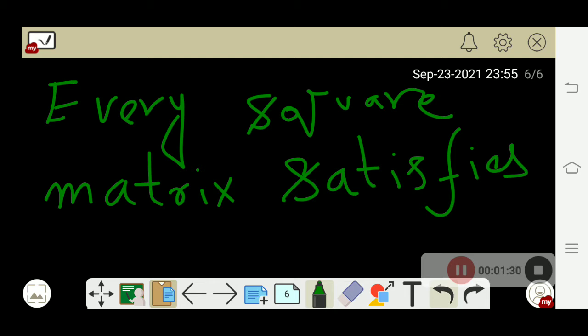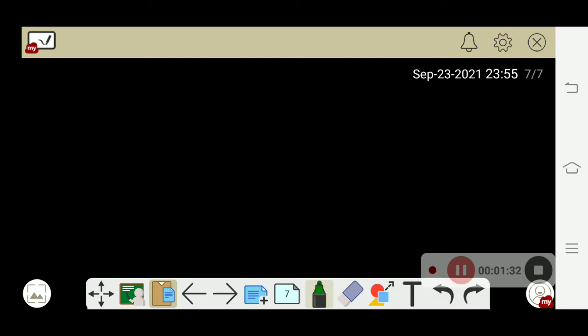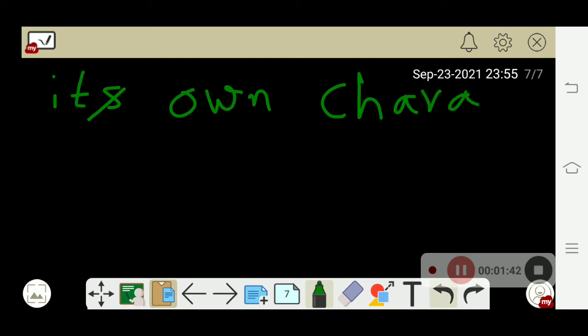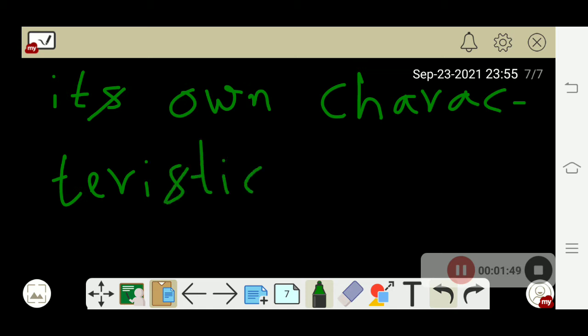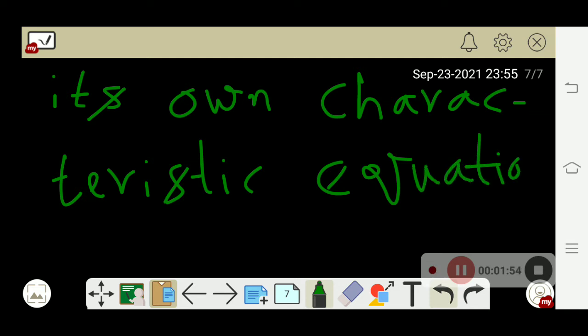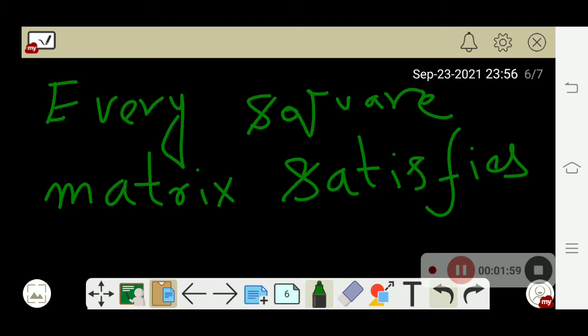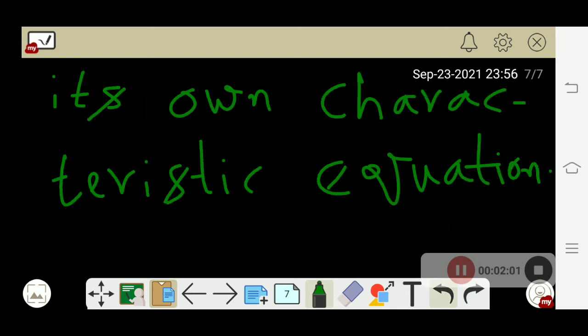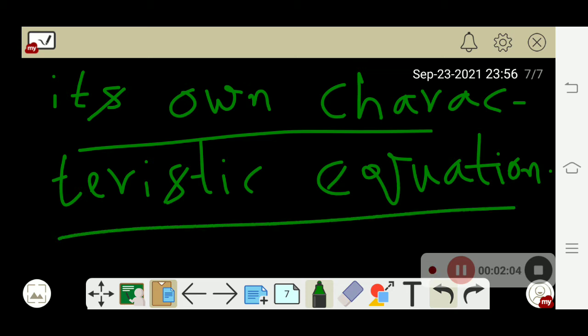Every square matrix satisfies its own characteristic equation. This is the Cayley-Hamilton theorem.